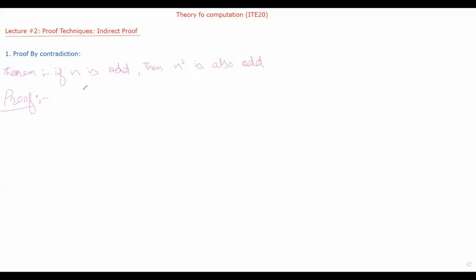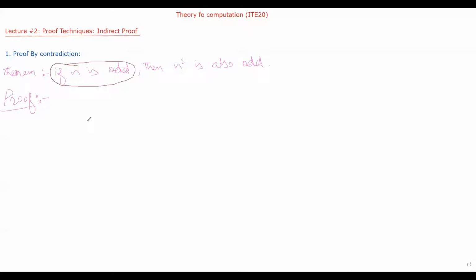The contradiction mechanism says that we assume that this theorem is wrong. Then we reach some contradiction, some mathematical invalidity, or a number that is invalid in mathematics.